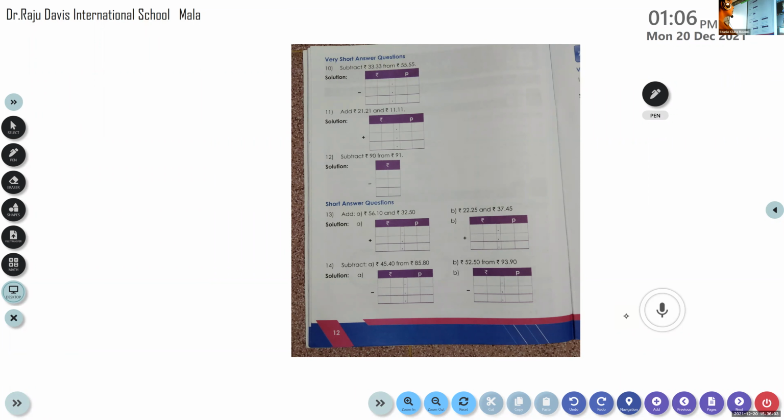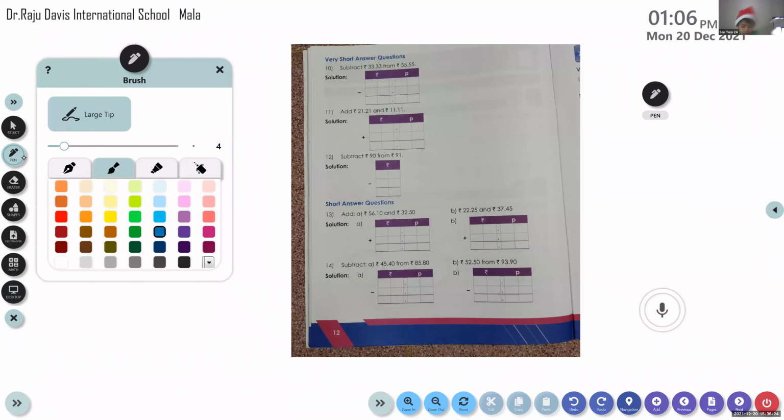Please read question number 10, Sam. Question number 10, page number 12. Subtract. How many rupees, how many paisa? 33 rupees, 33 paise from 55 rupees, 55 paise.